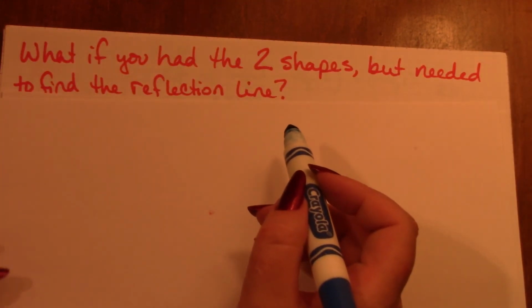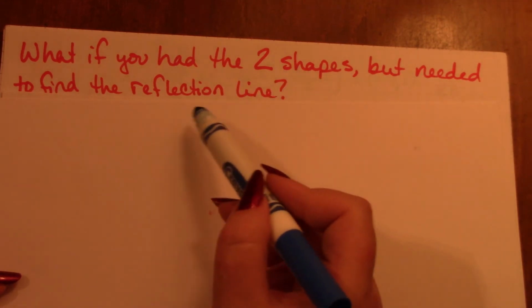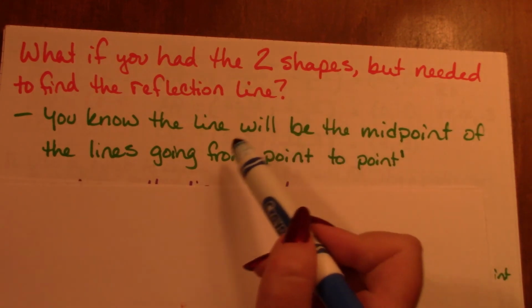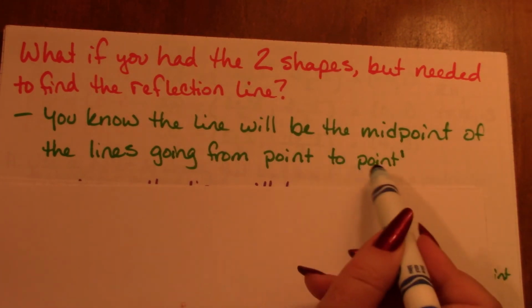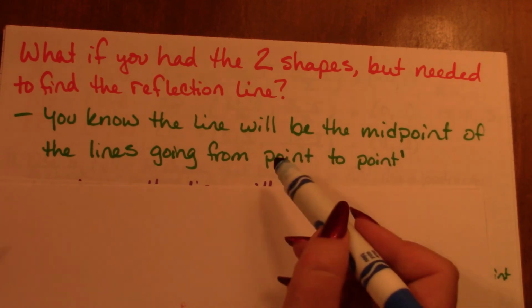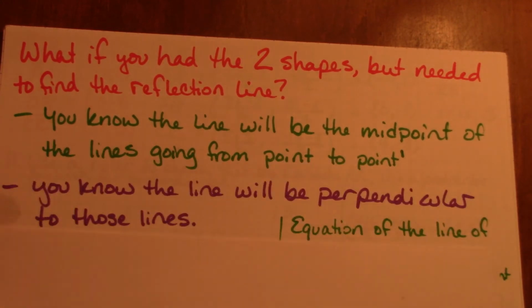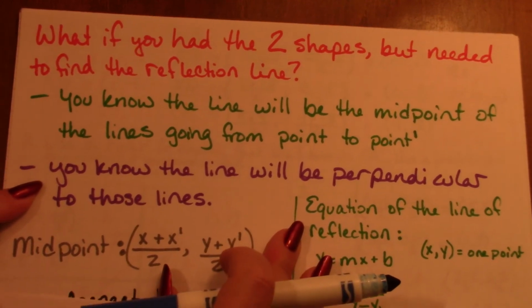The third question that they're asking you in this section is if you had the two shapes, but you needed to find the reflection line. You know that the line is going to be the midpoint of the lines going from point to point prime. So your first job is going to be to connect all of the point A's to the point A primes and so on. And then you're going to need to find the middle of those lines.